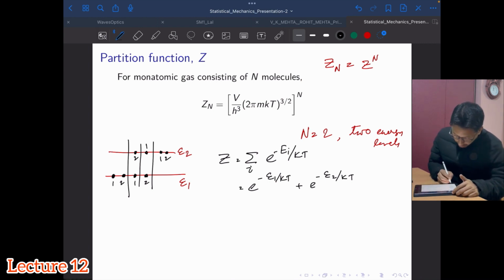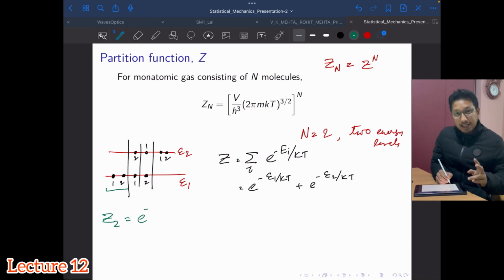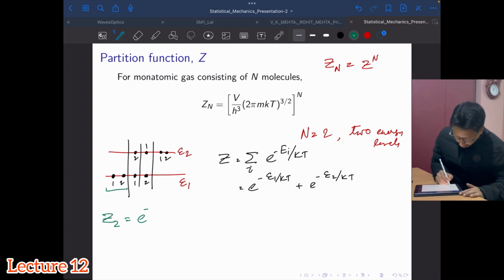Now for the two particle partition function, let us write. Let us use green. So in that case, the partition function for the system with two particles, having the two level energy system, Z2 will be equal to, in the first case both the particles are in the E1 state, so it will be e to the power twice E1 by kT.